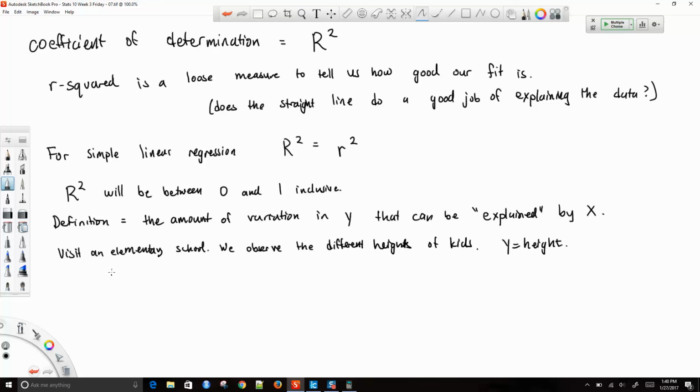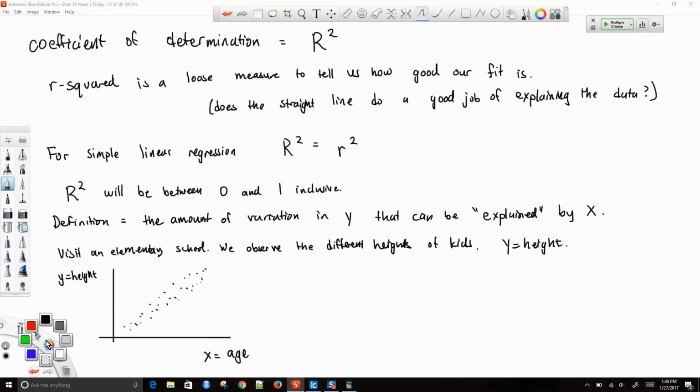And so if we do this, we can plot age over here. We can say x is equal to age, y is height, and at the elementary school we would see probably a near linear relationship between age and height, something like this.